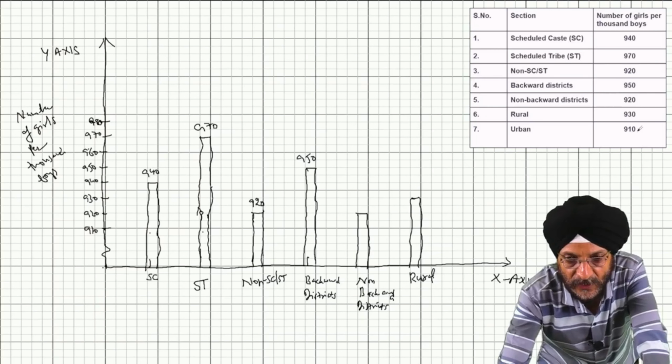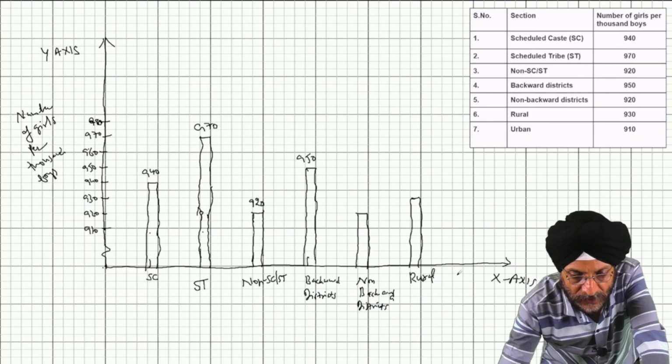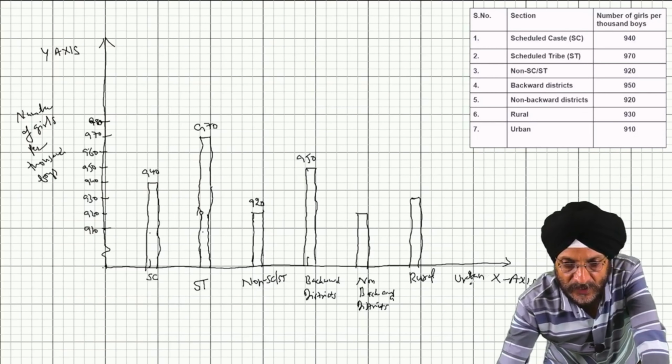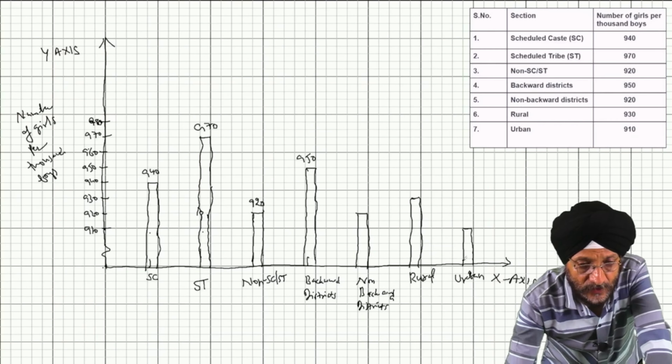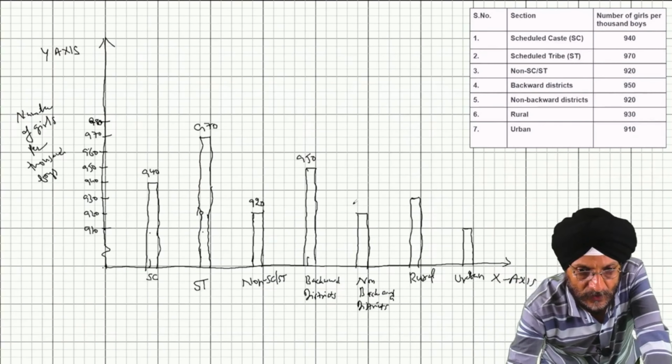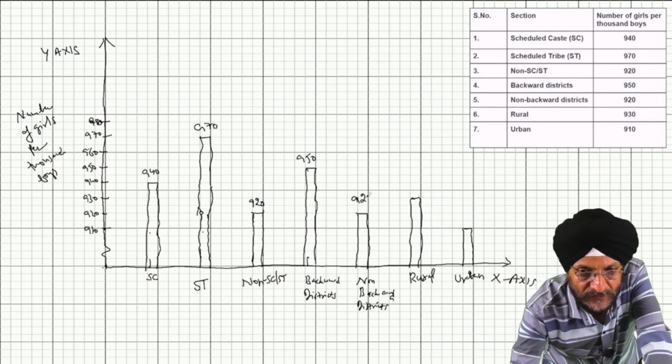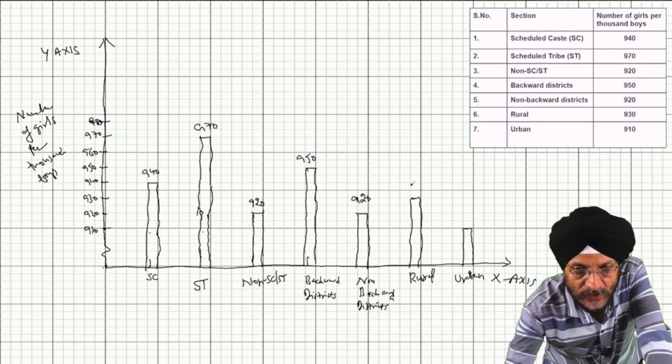Now this is the urban. In respect of the urban girls, the information we are adding is 910. Backward it was 920. In respect of rural it was 930.